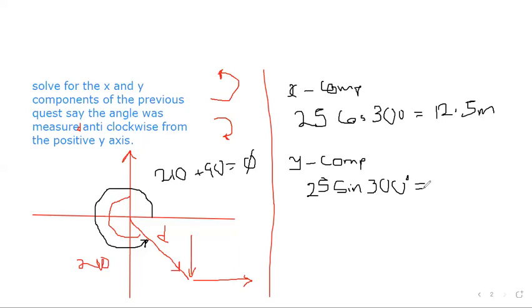My calculator is telling me that it's negative 21.65 meters, correct to 2 decimal places.